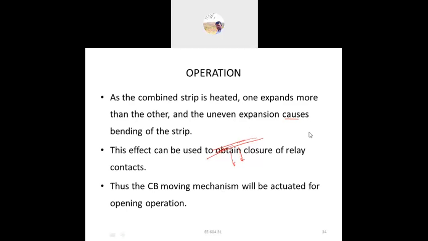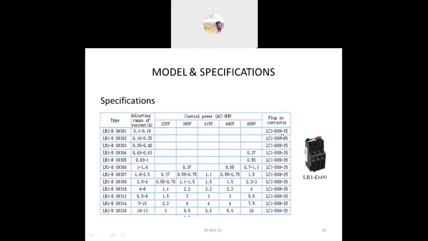So the main thing here is that we are using heating. By heating the two metallic plates, we are making uneven expansion. If one expands more than the other, it causes bending, and that will close the relay contact, which then gives the signal to the circuit breaker. These are the specifications of the thermal relay.